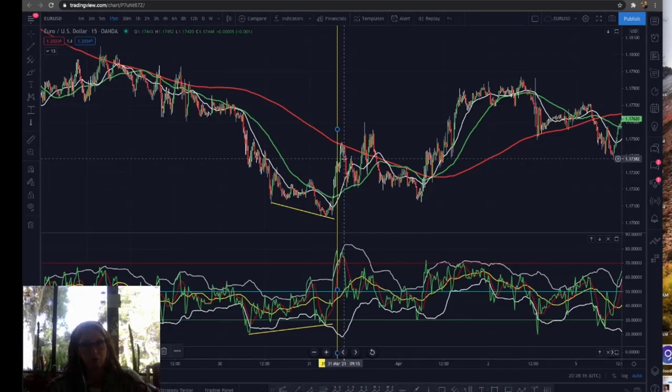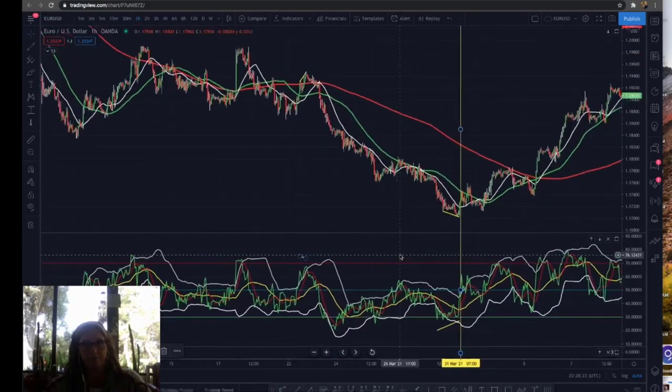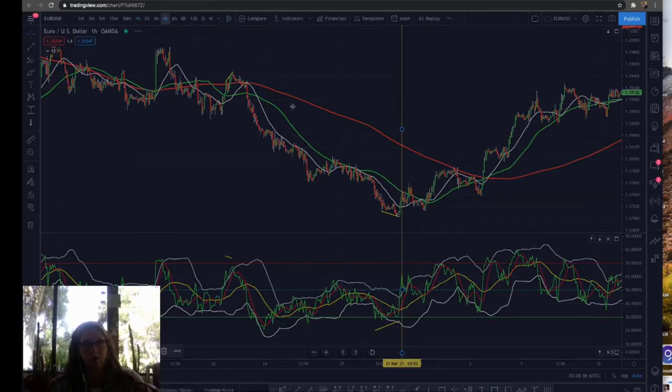And what do you do? Well, you move up in time frame. You go up to the 1 hour. The 1 hour is out of the band. So you move up to the 4 hour.